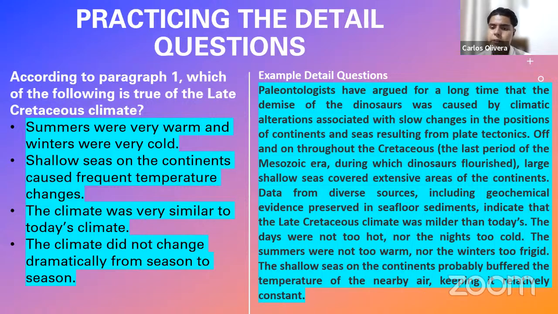Off and on throughout the Cretaceous, the last period of the Mesozoic era, during which dinosaurs flourished, large shallow seas covered extensive areas of the continents. Data from diverse sources, including geochemical evidence preserved in seafloor sediments, indicate that the late Cretaceous climate was milder than today's. The days were not too hot nor the nights too cold. Summers were not too warm nor the winters too frigid. The shallow seas on the continents probably buffered the temperature of the nearby air, keeping it relatively constant.